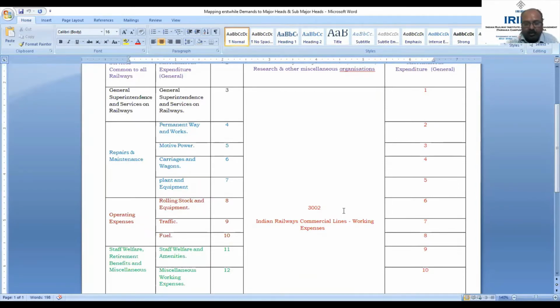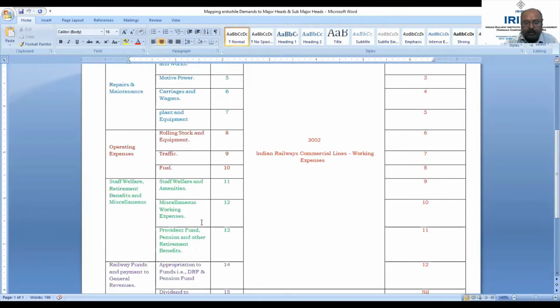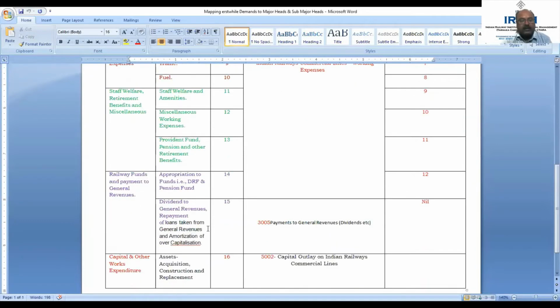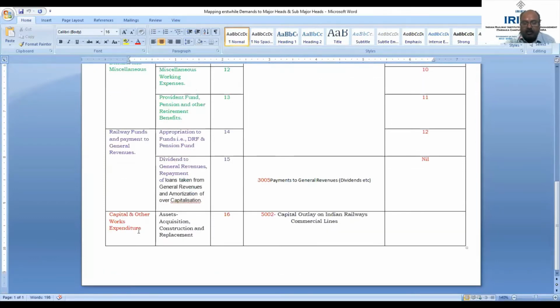And the next group has no common name. It has 3 different demands, that is staff welfare, miscellaneous, and PF. And 14 and 15 are the group railway funds and payments to general revenues. Now this payments to general revenues, demand number 15, is not required. And the last group is the capital and other works expenditure, that is demand number 16.